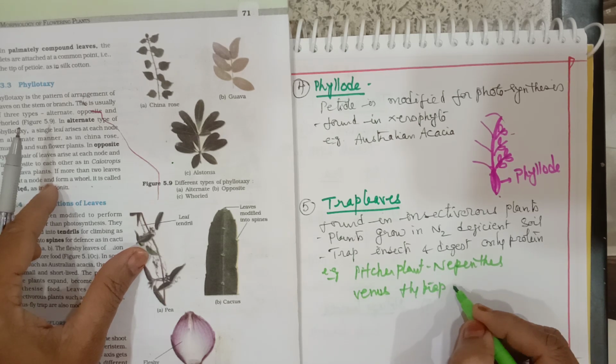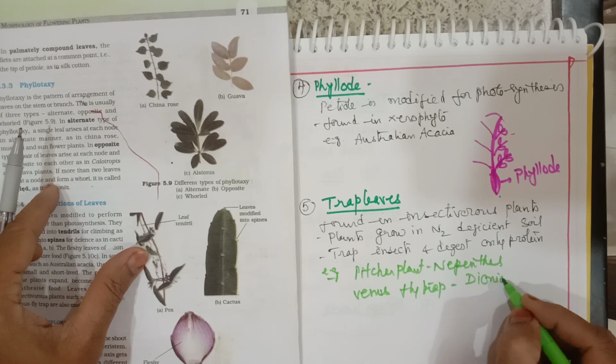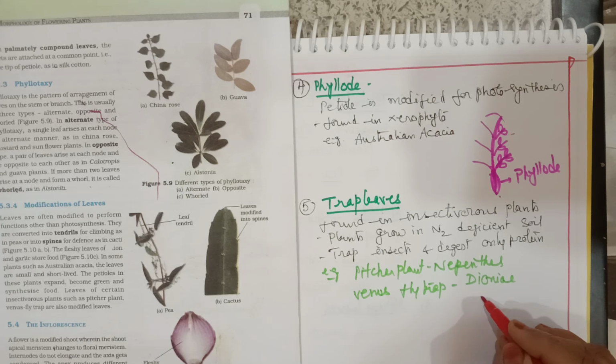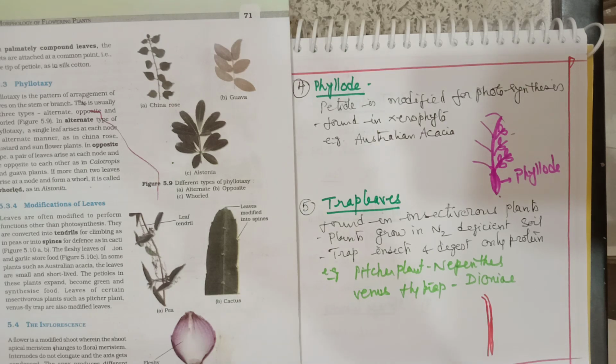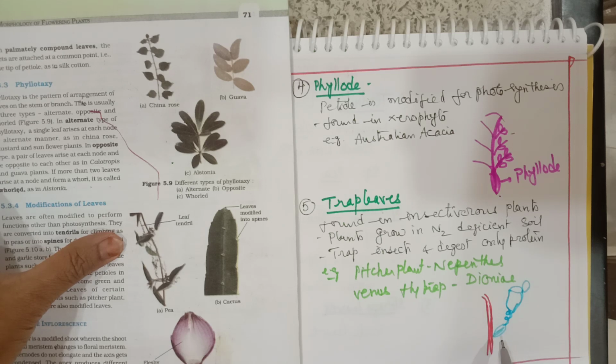This is also a common name. Its scientific name is Dionaea. So in pitcher plant we find the leaves. Here in trap leaves, for example in Nepenthes, we can find this part.